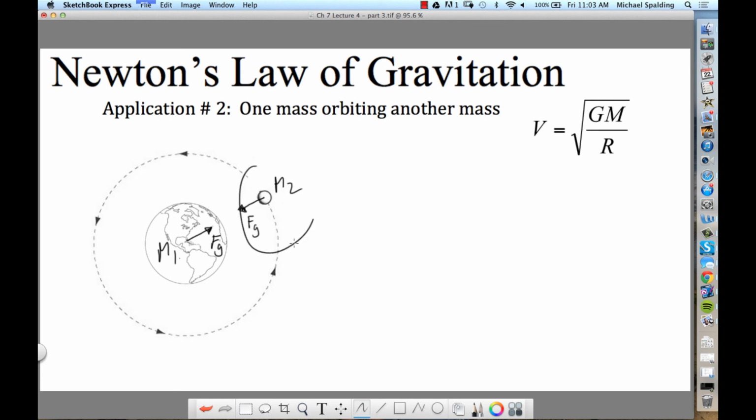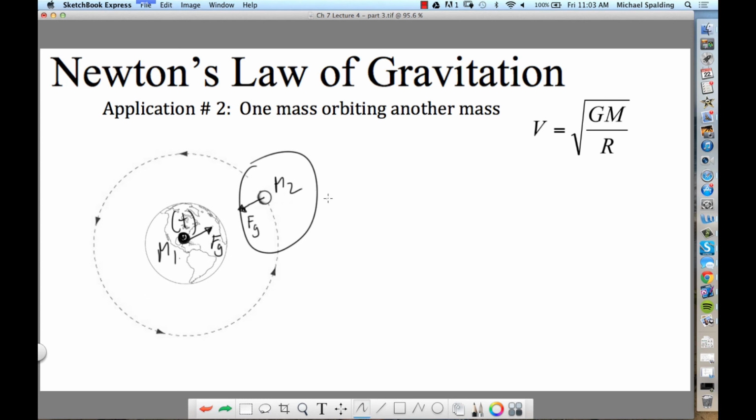But let's focus on M2, right? Oh, and remember, for circular motion, make the center of the circle, which is right here, positive. Why do we make the center of the circle positive for circular motion? What always points to the center? The acceleration. When an object is in a circular path, the acceleration is always to the center, so make the center positive. Okay?